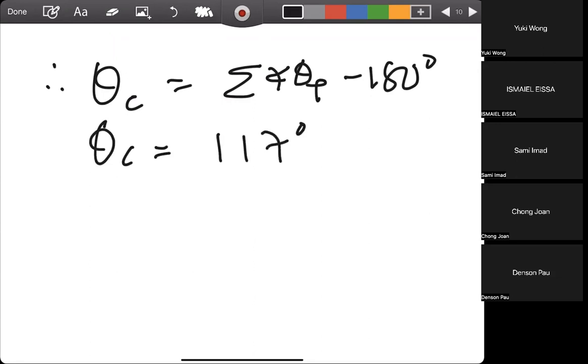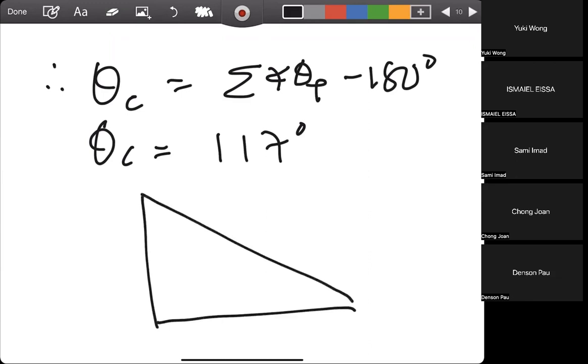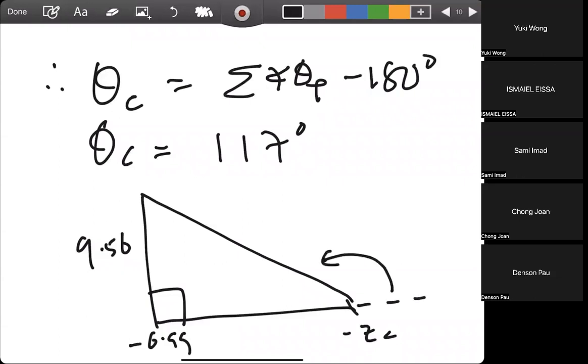So your location of zeros is about here. This one is minus 6.99, and this one is 9.56, 90 degrees, and 117 is over here, and find the alpha.